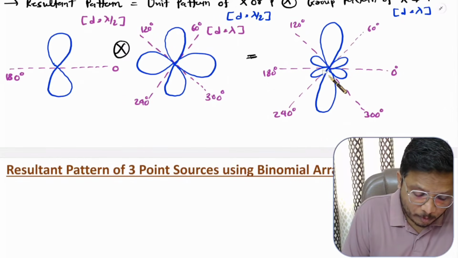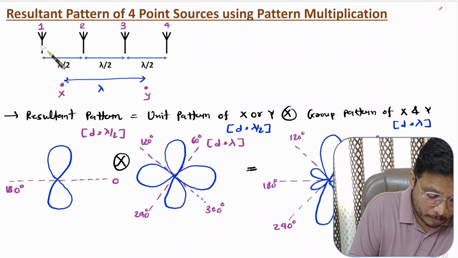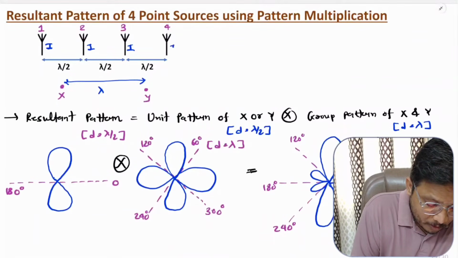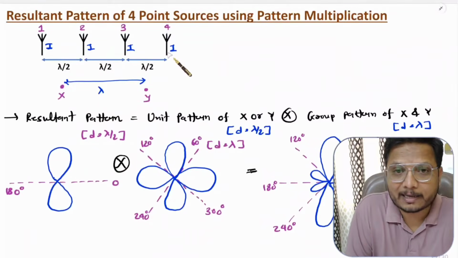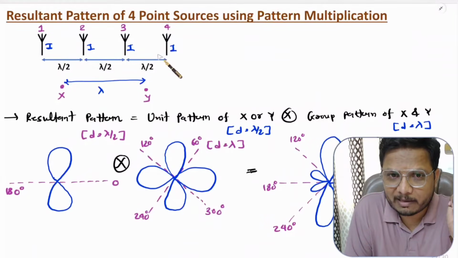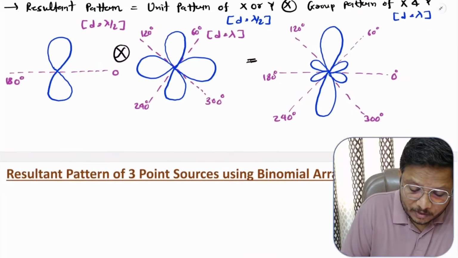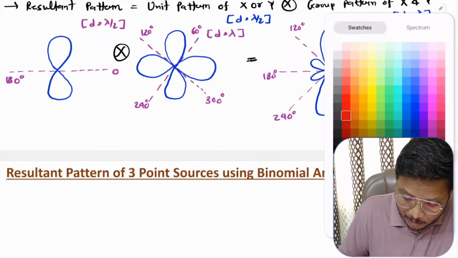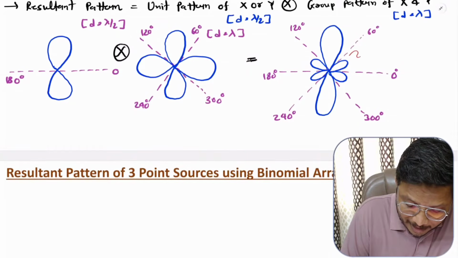Now with these 4 point sources, the current distribution is I, and that is uniform with all the elements. That's why with this radiation pattern, we have issues of side lobes, or you can say minor lobes.